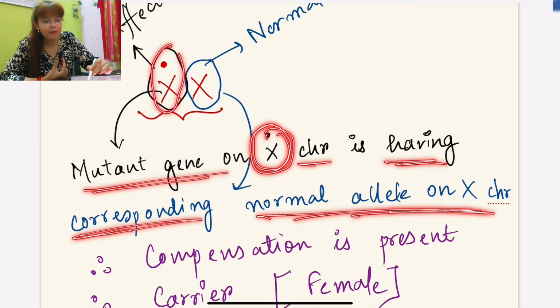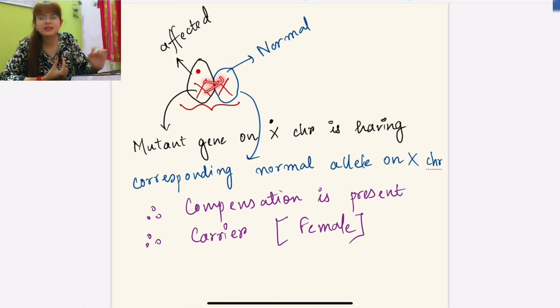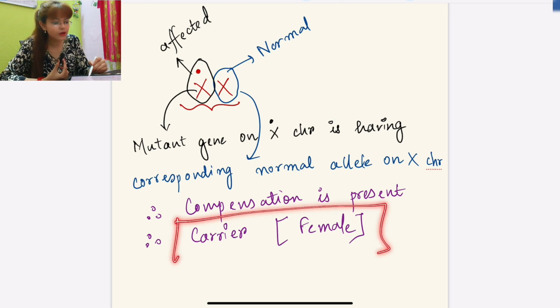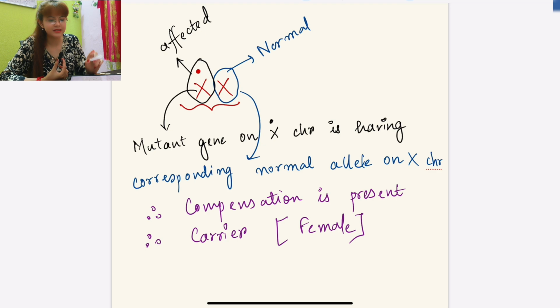This is affected, but it has a corresponding normal allele on this normal chromosome, and therefore there is compensation happening. These two have the same genes, so if this is defective, this can come into play and save it. So the females are not affected; females become only carriers. This is a very important concept but very difficult to understand.